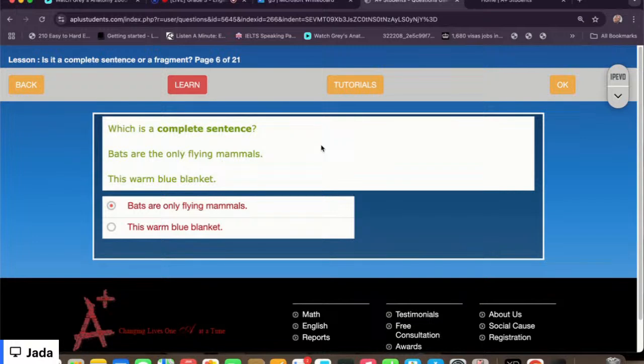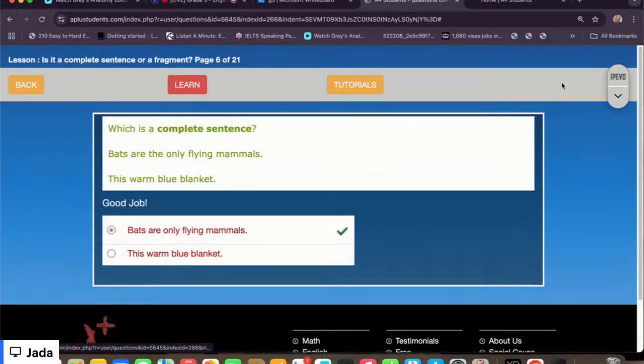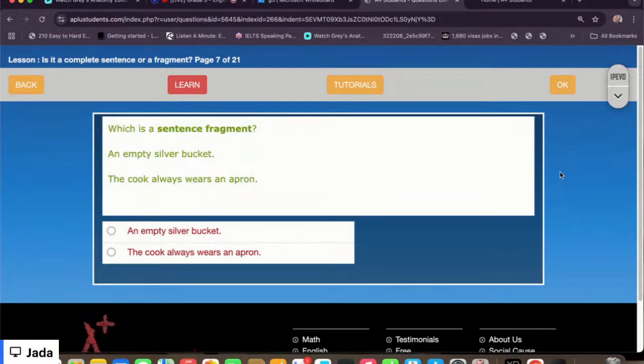Okay, so our complete sentence is "Bats are the only flying mammals." Okay. And what's the sentence fragment here? "An empty silver bucket" or "The cook always wears an apron." Which one?